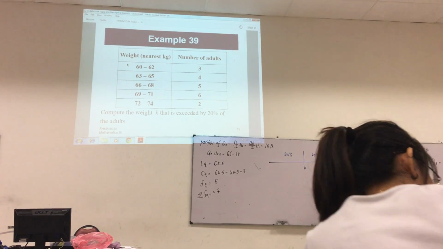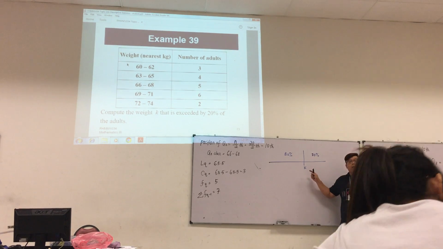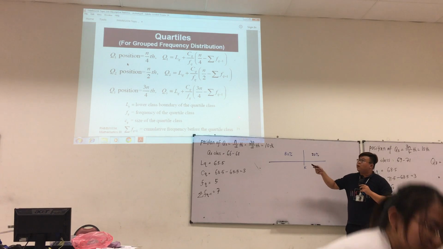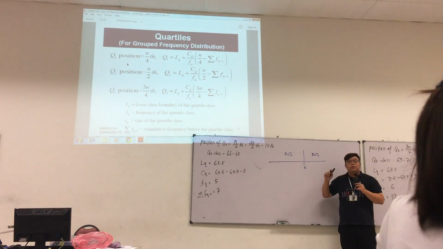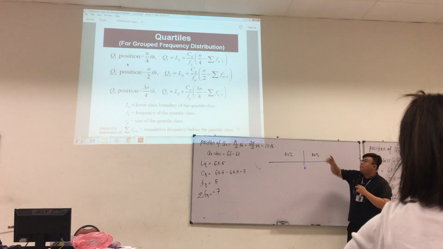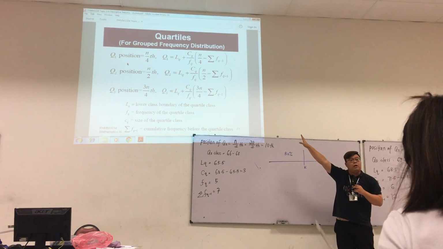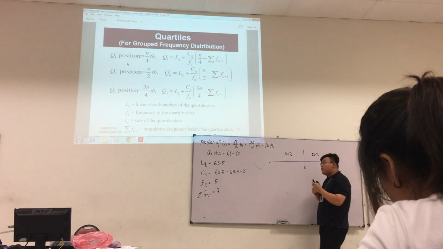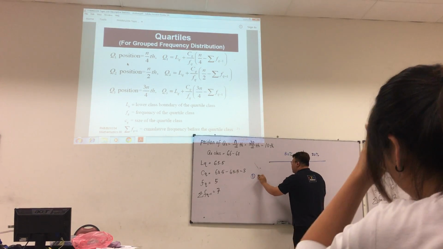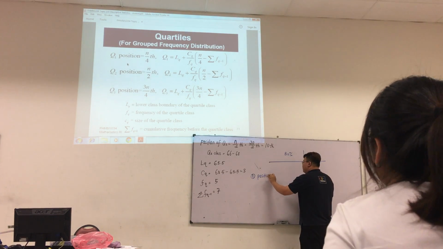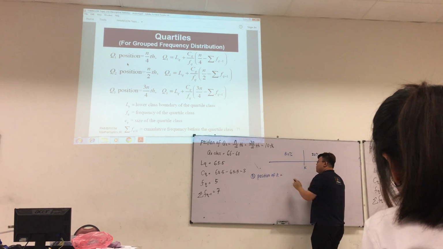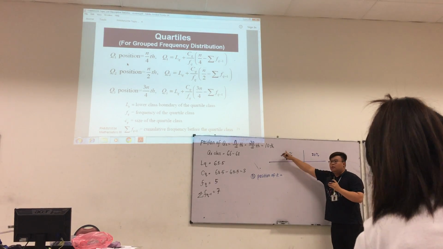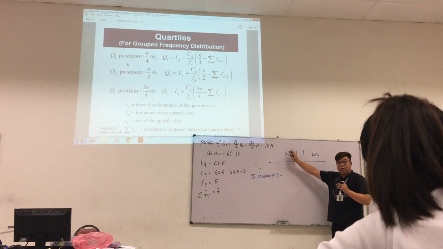So now, your job is to find the value of K, but when you calculate this value of K, you can refer to the quartile formula to help you. But you are no longer talking about the same positions for the calculation. You have to calculate the position of K. So we now start with the first step, finding the position of K. Your position of K must be located in this part, focusing on 80% of the data.